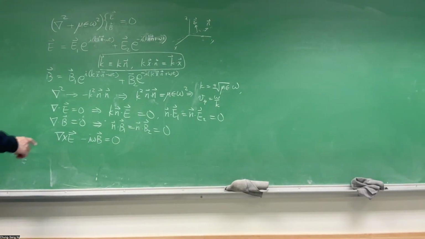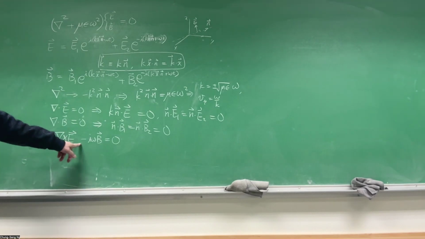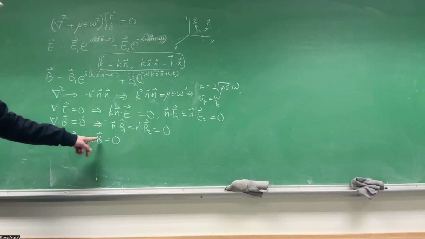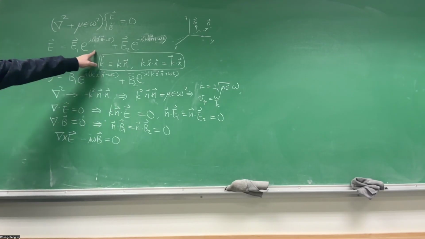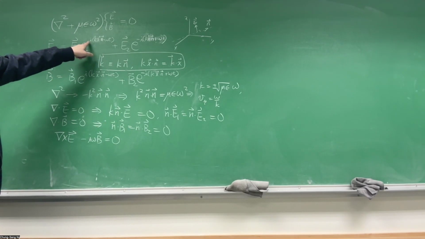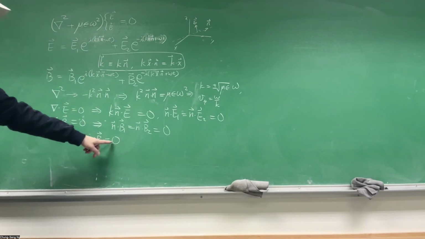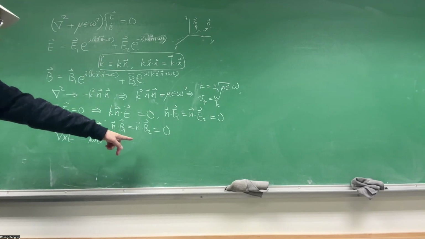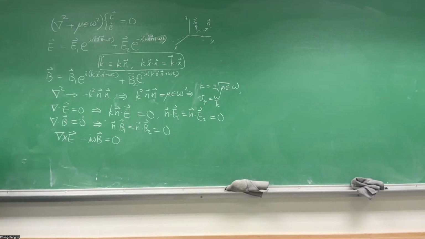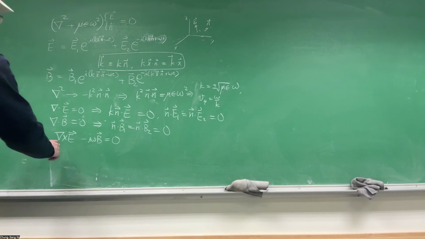Okay, so that's just the Faraday's law. The Faraday's law, curl E is minus partial B partial t, but partial B partial t pulls out a minus i omega factor. That becomes plus i omega B, and then move to this side. That's the equation.